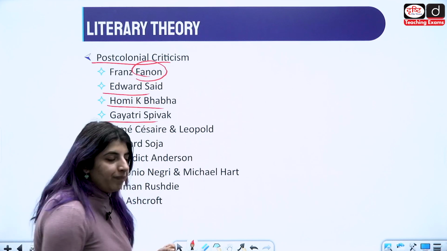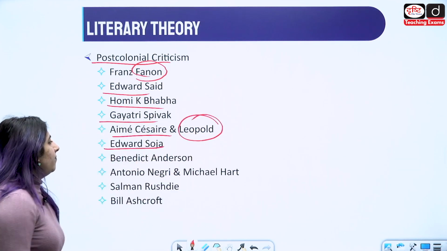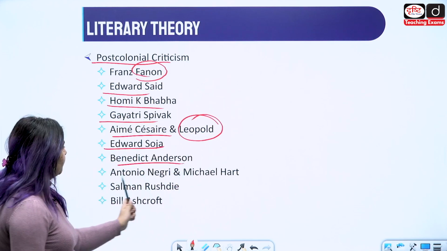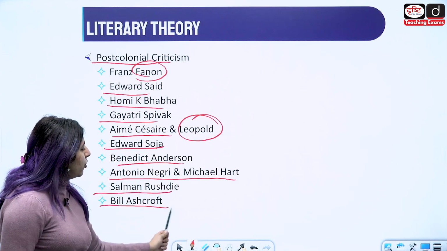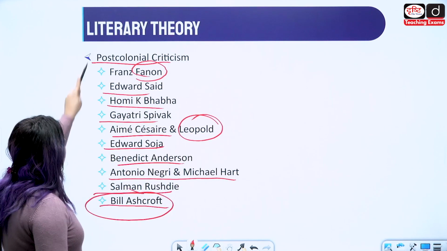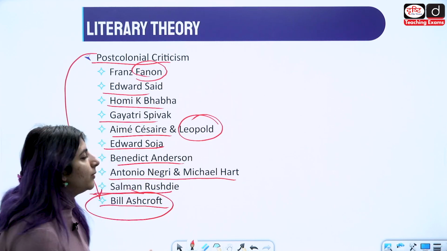These questions are asked. Aimé Césaire and Léopold Senghor, Edward Soja, Benedict Anderson, Antonio Negri, Michael Hardt, Salman Rushdie and Bill Ashcroft, who is associated with post-colonial criticism with his works or anthology as well.